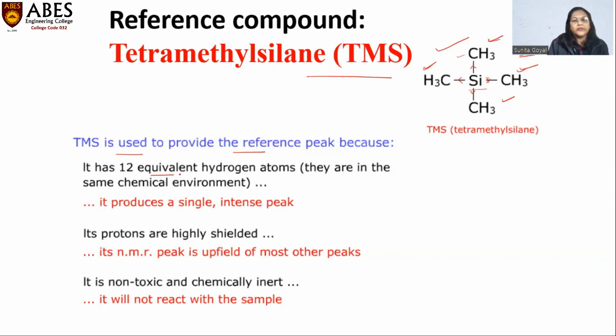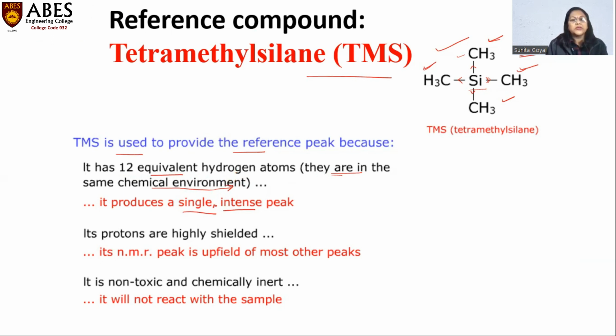So, why do we use TMS as a reference? Because it has 12 equivalent protons, therefore they will give only a single peak, and that peak will be very intense. All the 12 protons have the same chemical environment, and they will resonate or flip magnetically at the same field strength.